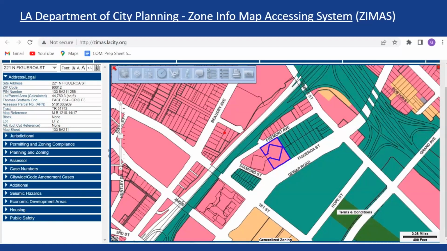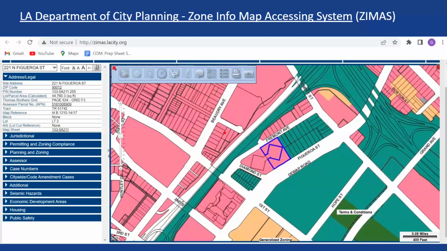If you go to the ZIMAS website, which is zimas.lacity.org, you have the ability to enter the proposed business premises address and get information related to that proposed business premises, which includes the underlying zoning, what jurisdiction that proposed location is in, and information tied to the specific property that may also be helpful in filling out your project-specific description form, which we use for the environmental review.